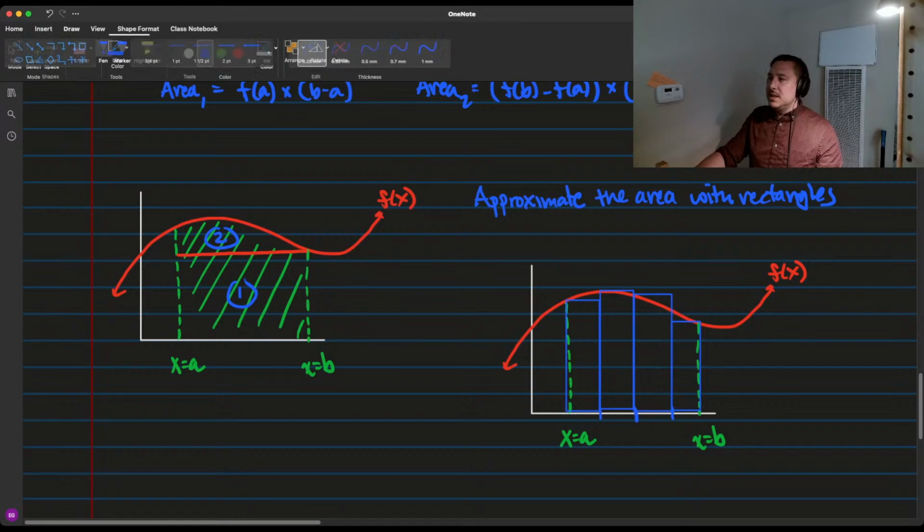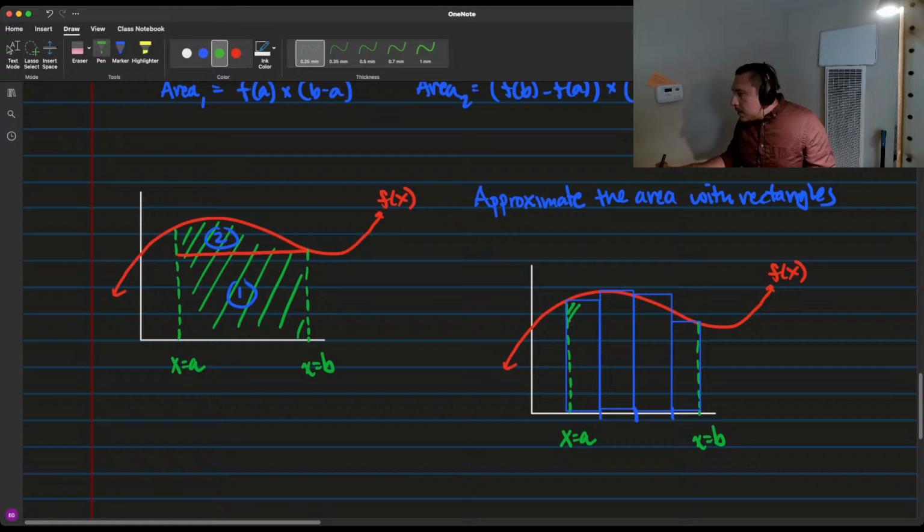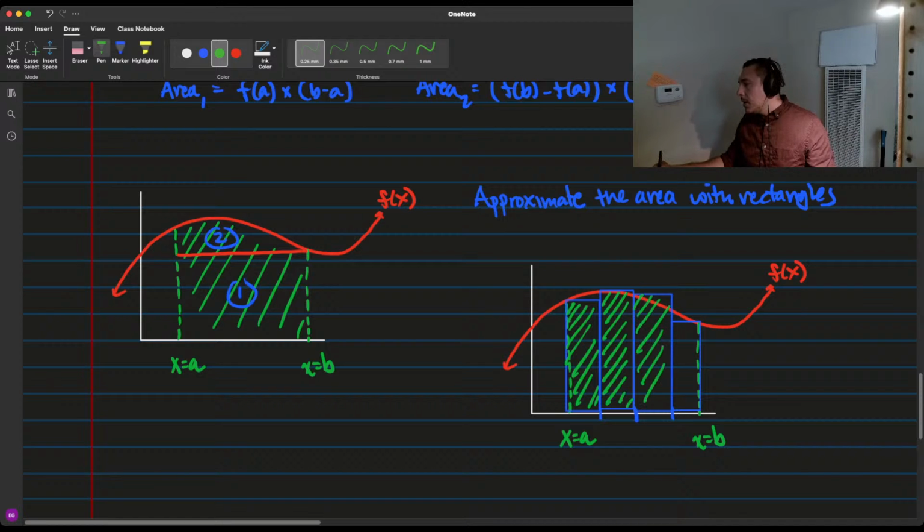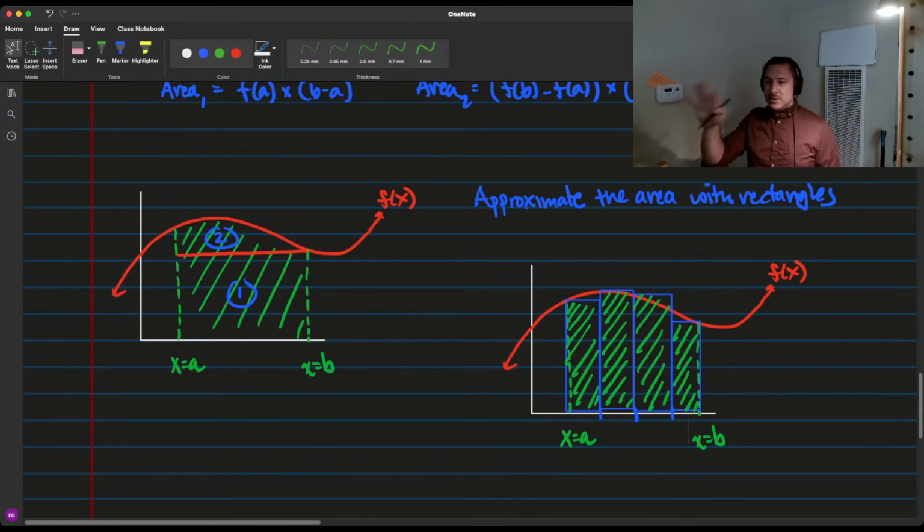Okay, so I'm going to fill this in so you can sort of see what I'm doing. Hopefully you can see that I've filled in the rectangles. Looking at those rectangles, if you were to add up the area of those 4 rectangles, how decently of a job would that do estimating the area that I want?